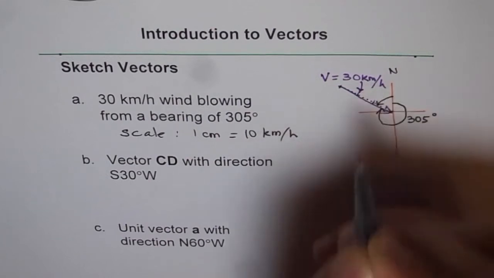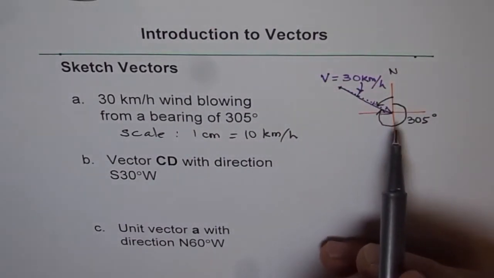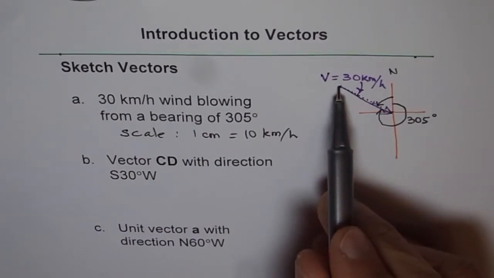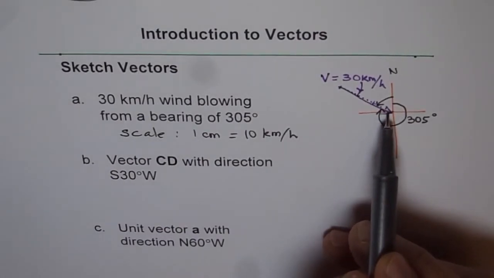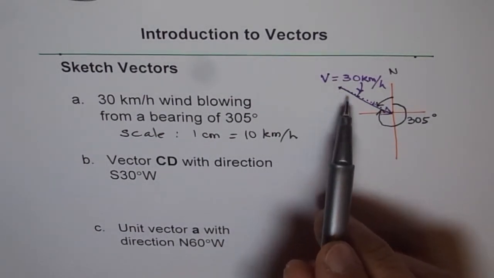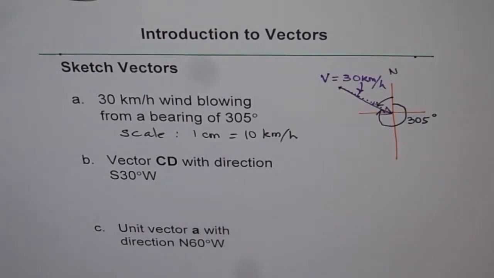So that is the vector which represents it. So the angle is here 305, magnitude is by the length of this arrow, which can be measured. 1 centimeter is 10 kilometers per hour, and this is 3 centimeters long, correct? That's how you represent it, right? So like this you can do the other two questions.